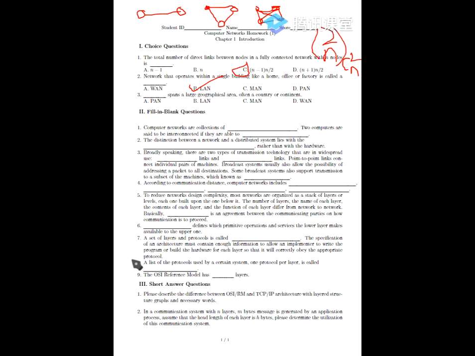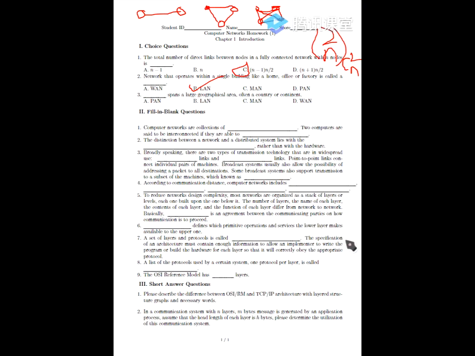Question 7. A set of layers and protocols is called what? It's called a network architecture.